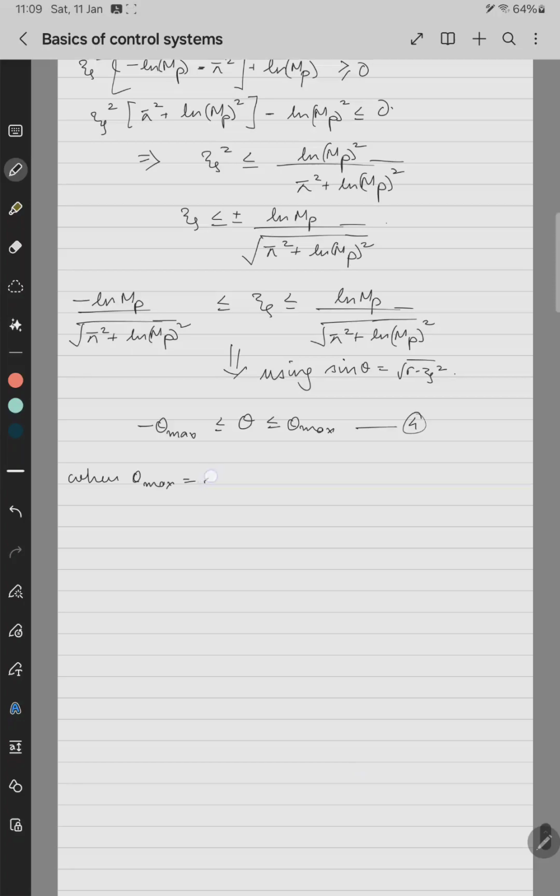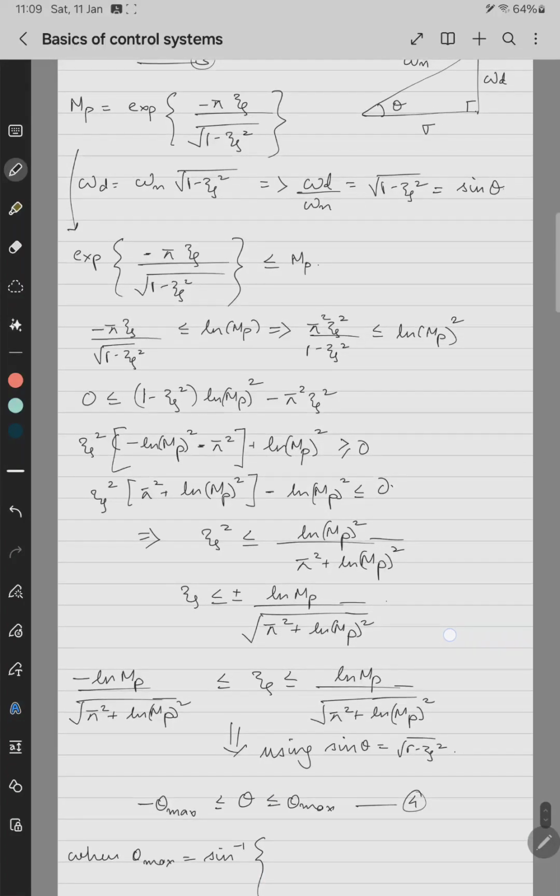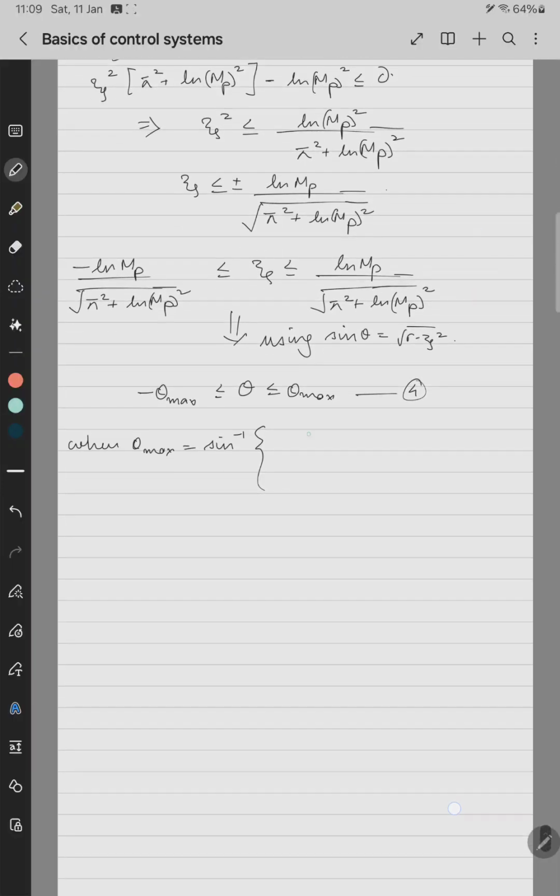Sin inverse of under root of 1 minus zeta square, which will be 1 minus ln of Mp whole square by pi square plus ln of Mp whole square.